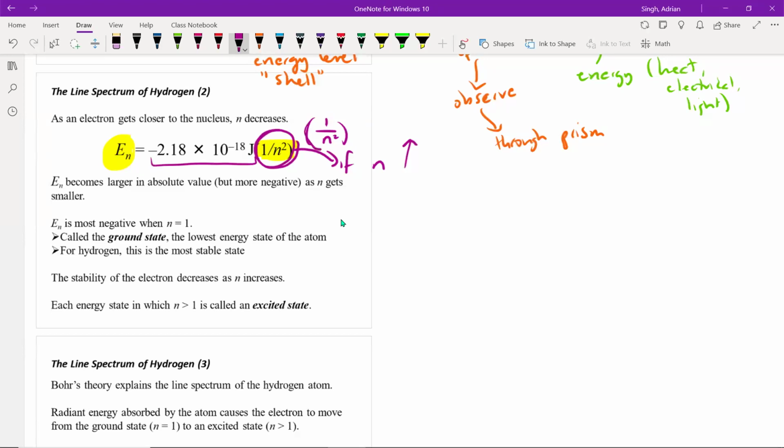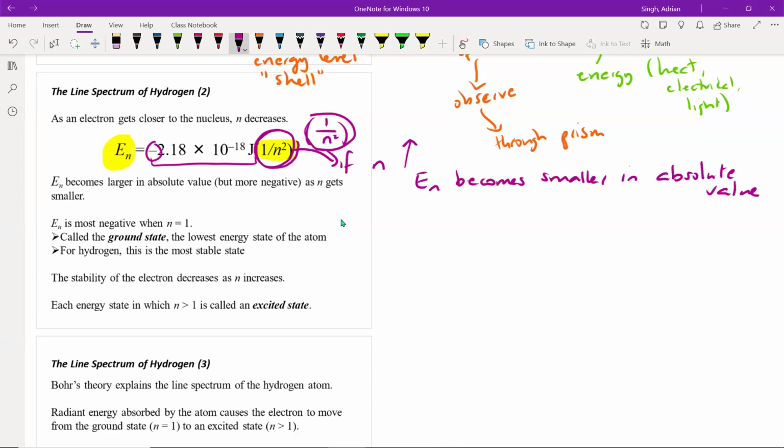So as this term becomes smaller, the energy of the electron becomes smaller, but remember, there's also this negative sign. So if n goes up, we find that the En value becomes smaller in absolute terms, just the actual number itself.